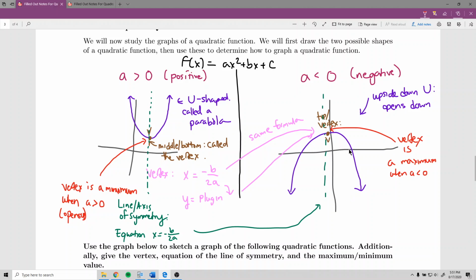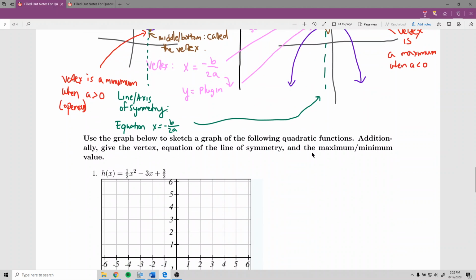So that's another way to kind of help yourself remember it. Right, these are all the important features: the vertex, the line of symmetry, and whether it's a maximum or minimum. The one thing you really have to remember is which way does it open. Now, there are ways to figure out which way it opens otherwise, which we'll go through when we kind of graph them a little bit in this next example.